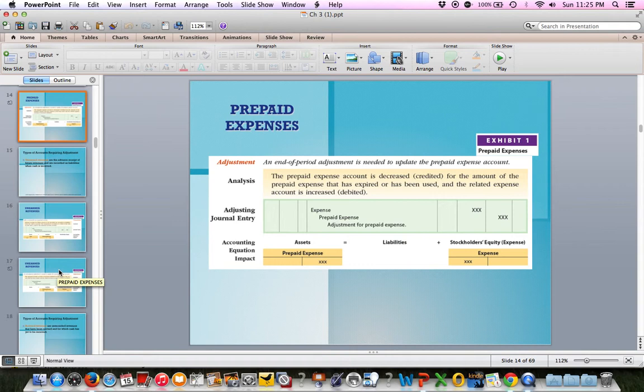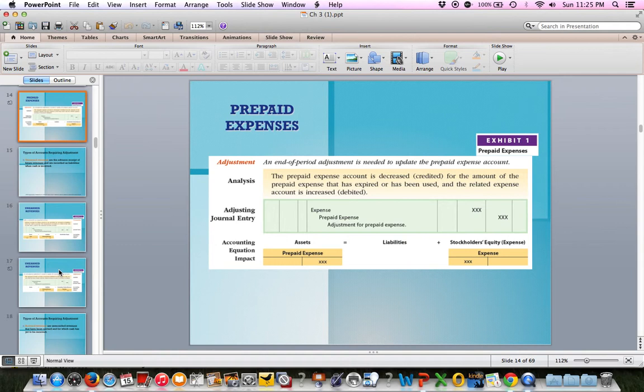And so due to the passage of time, that prepaid expense will expire. When we get to the end of an accounting period, we need to make an adjustment for that. It says that the prepaid expense account is decreased for the amount that has expired or been used, and the related expense account is increased. So the asset goes down and the expense goes up.